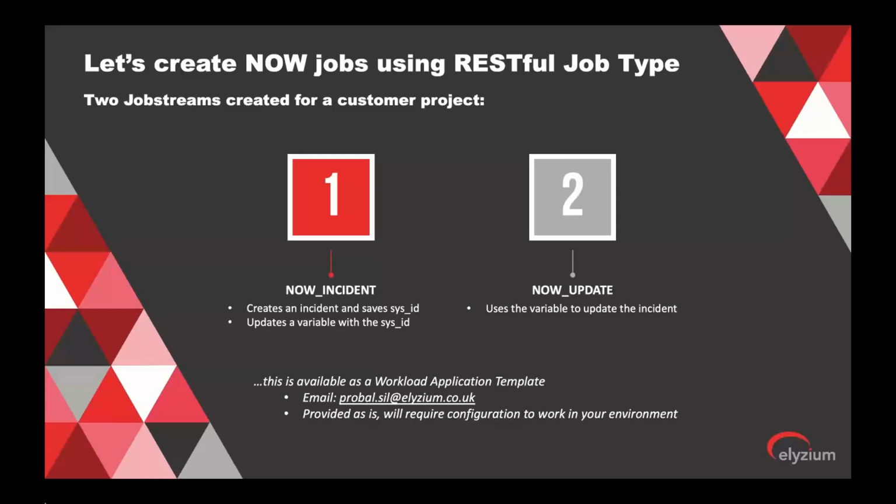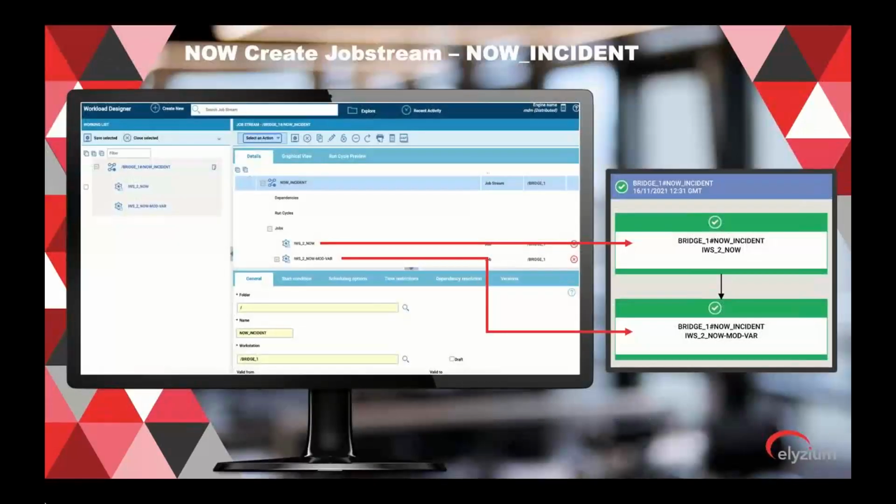And what we'll do is look at the Now Incident job stream. It contains a single job, and we'll look at what that does. So here we've got the job stream, Now Incident, and it contains two things: firstly a job that runs and creates the incident, and then a second one that updates the variable table with the information that comes back from the job itself.